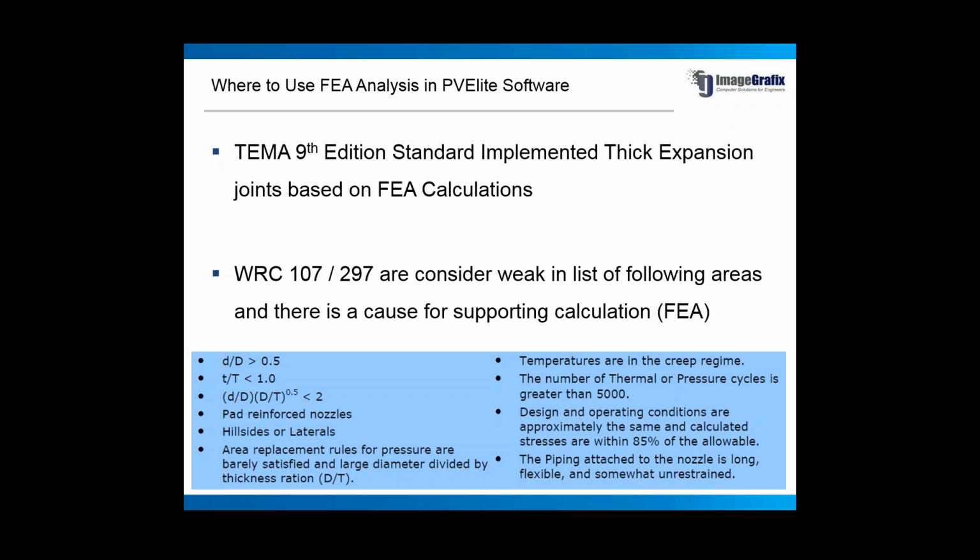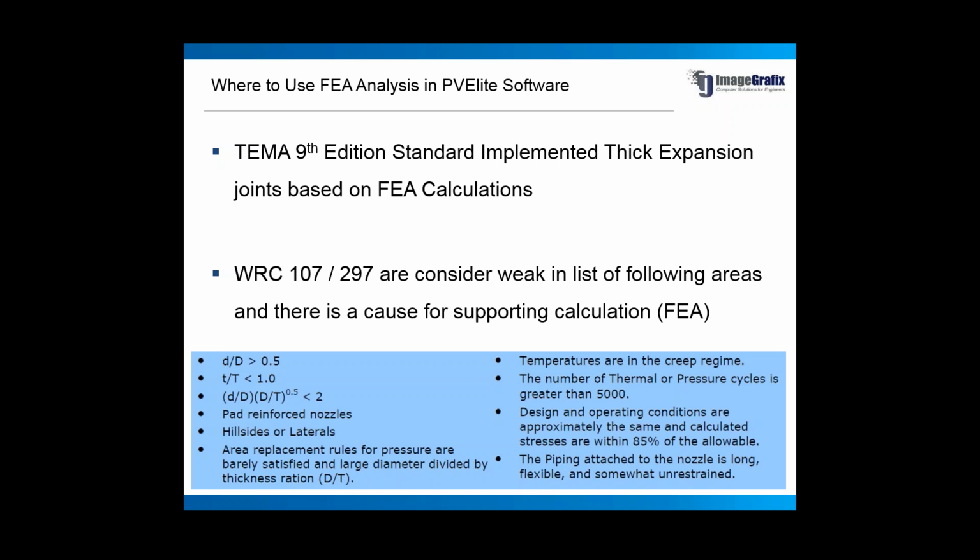One point here is that the TEMA 9th edition implemented FEA calculations for thick expansion joints. If you want to perform thick expansion joint calculations in fixed heat exchanger analysis, then as per the 9th edition, there is a need for FEA calculations. So that's the first point.